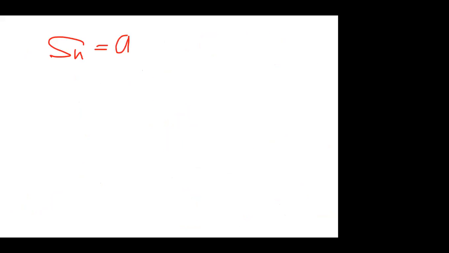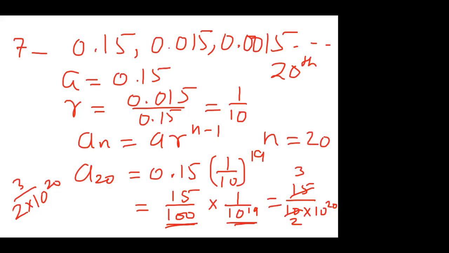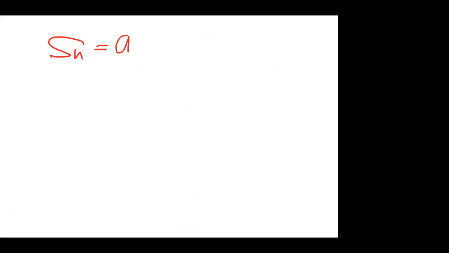Now see the value of r. The value of r is 1 upon 10, which means it is less than 1. So the formula is 1 minus r to the power n upon 1 minus r. Hope you remember, if r is less than 1, we need to apply this formula.